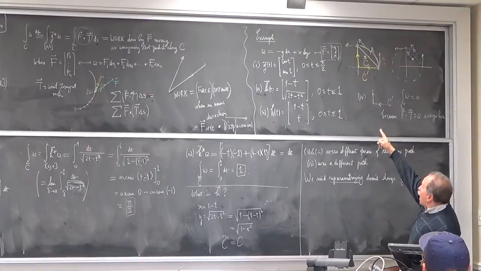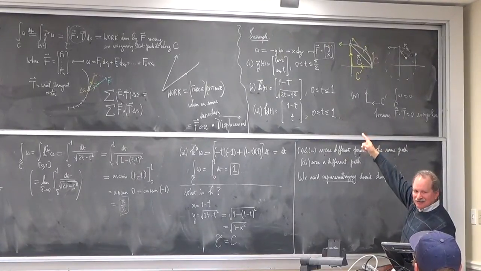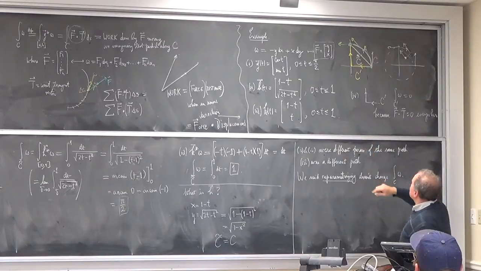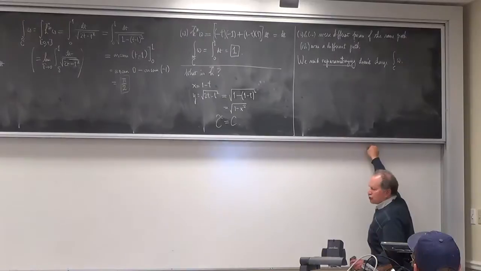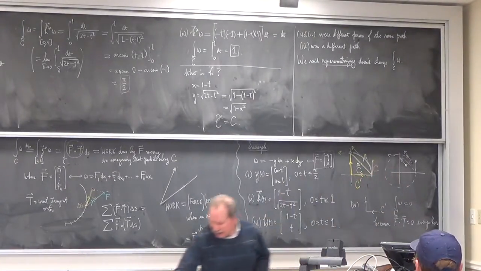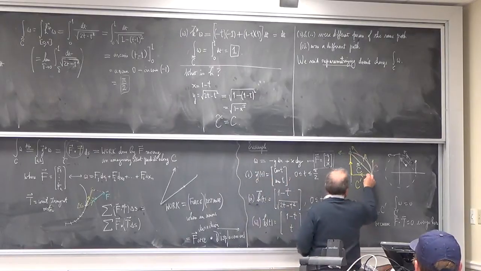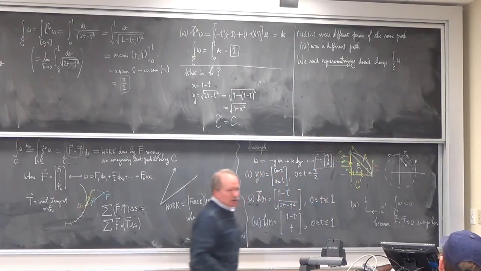If you're on the y-axis, x is 0, it's horizontal. I drew in a little bit of it, but I didn't draw enough. Along the x-axis here, it's going like this, and then here it's going like this. It's everywhere perpendicular to the path.